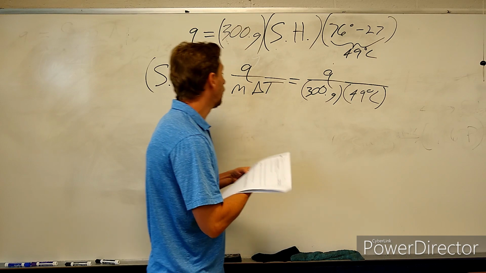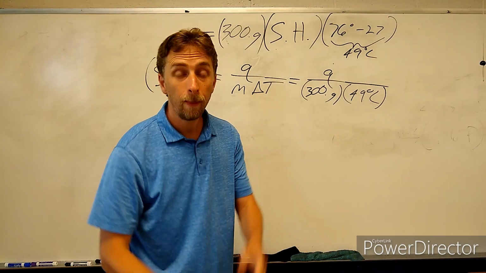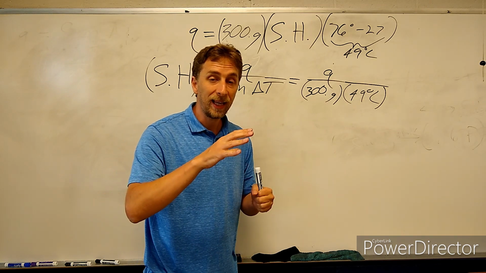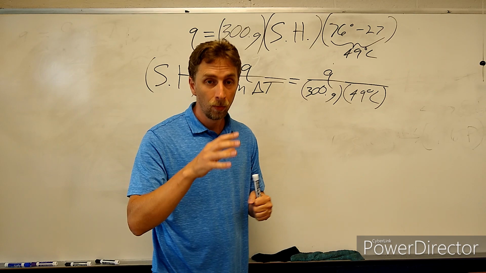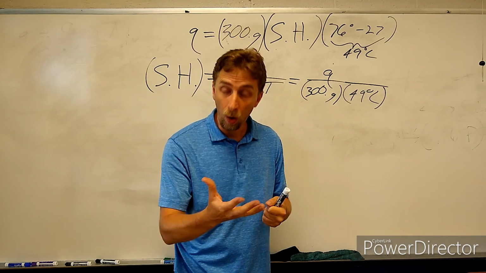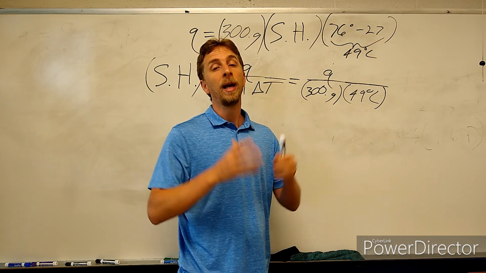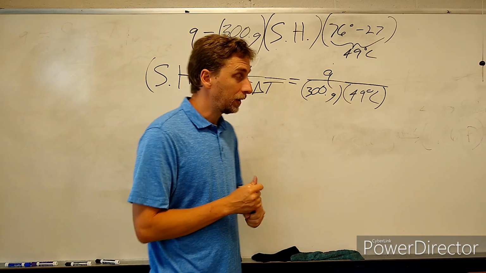Now, the way we get Q is using the idea that the heat that came out of the glass goes into the calorimeter, or into the water inside of the calorimeter. And it stays in there long enough for us to measure everything in terms of temperatures that we need.